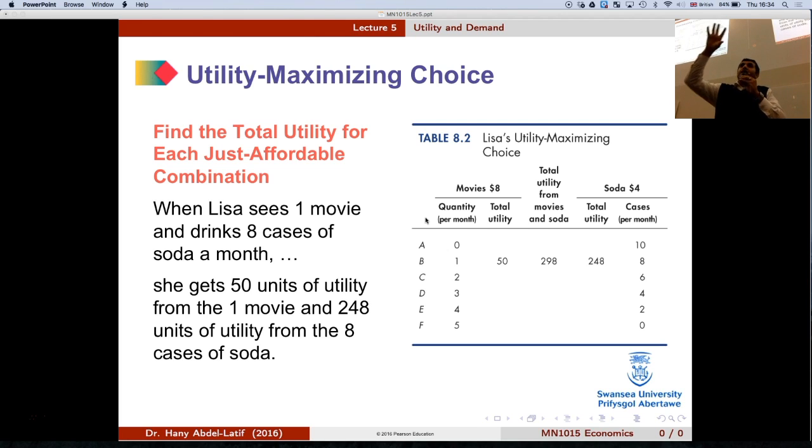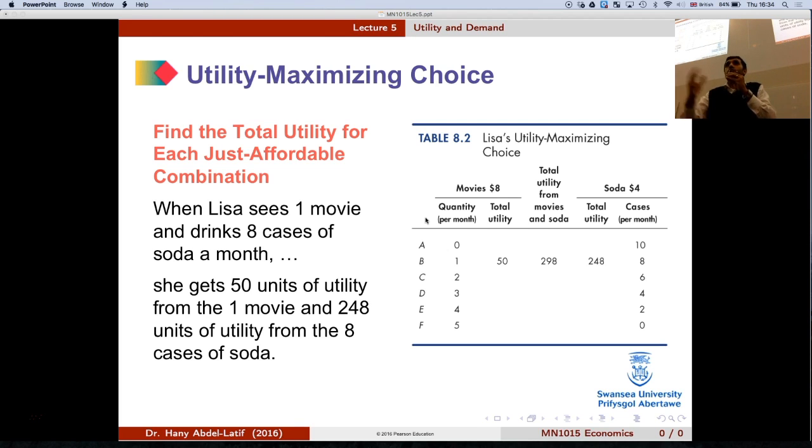So the total utility from movies is 50. The total utility from soda is 248. Then the overall total utility from consuming both movie and soda is just you add these together. So that is 298.